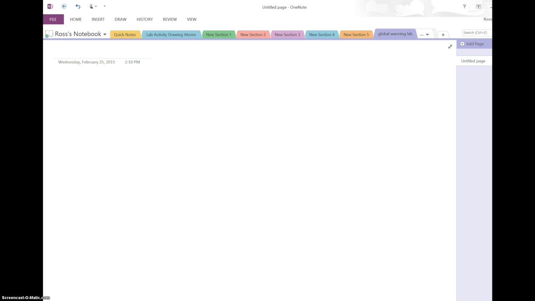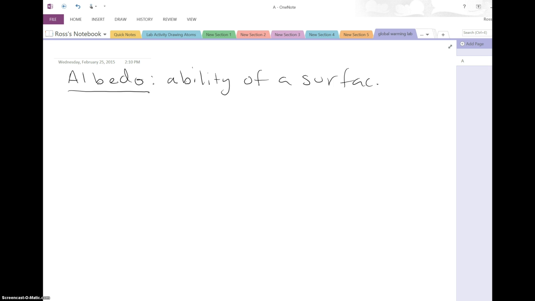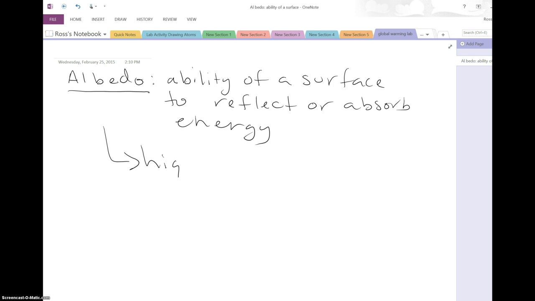The first thing I wanted to talk about was this thing called albedo. Okay, so what is albedo? Albedo is the ability for a surface to reflect or absorb energy. So something with high albedo reflects a lot.